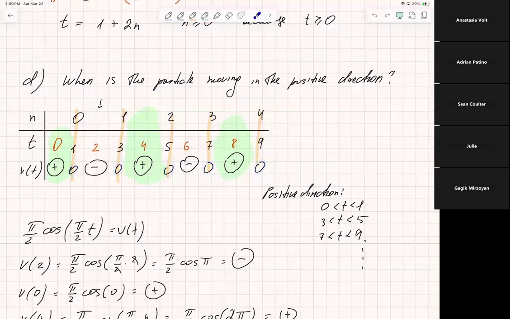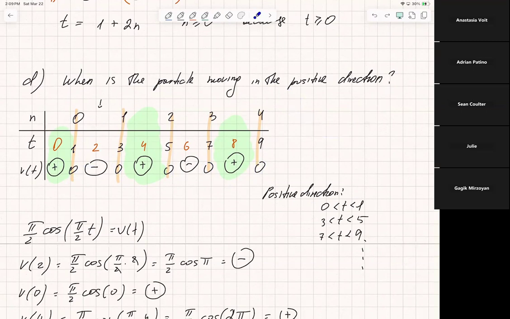So that means that before the 0 and after the 0, we might have some change in the direction. So it's like in the pendulum, let's say it's going forward, backward. So at this point our pendulum essentially stops for a split second, and then reverses its direction to the other side.